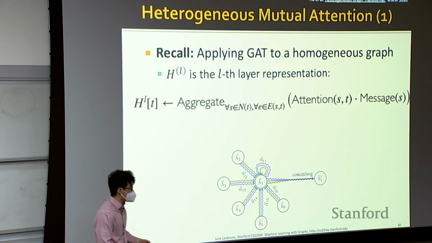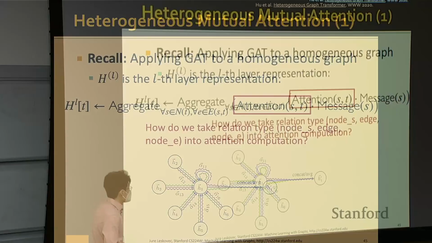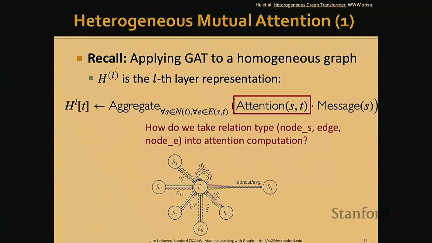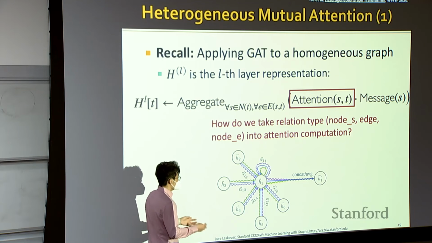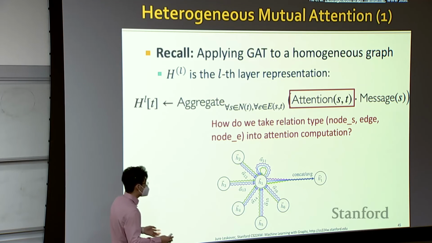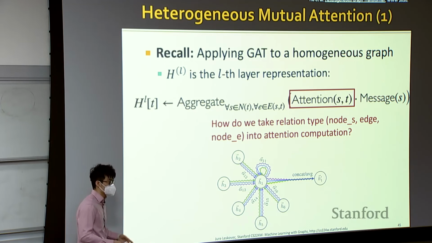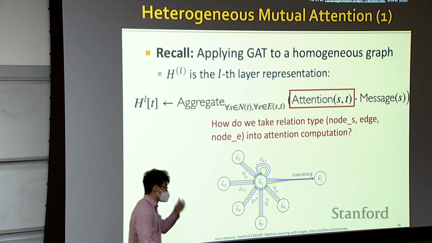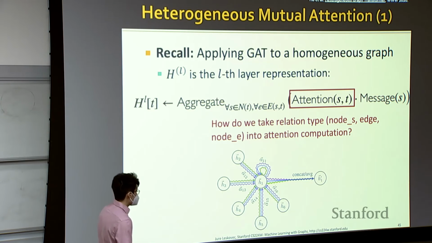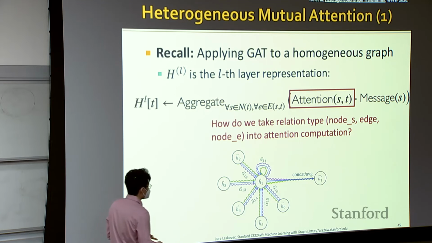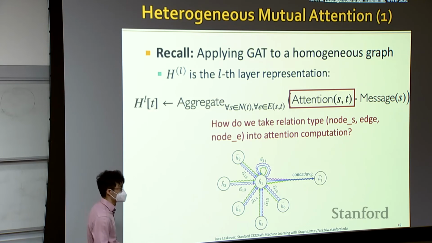This is the idea of standard GAT. The key question I want to answer here is how can we make this attention specific to the relation type? The relation type, as we know, is a tuple of node type, edge type, and node type. This is the key module we want to define for the heterogeneous graph transformer.